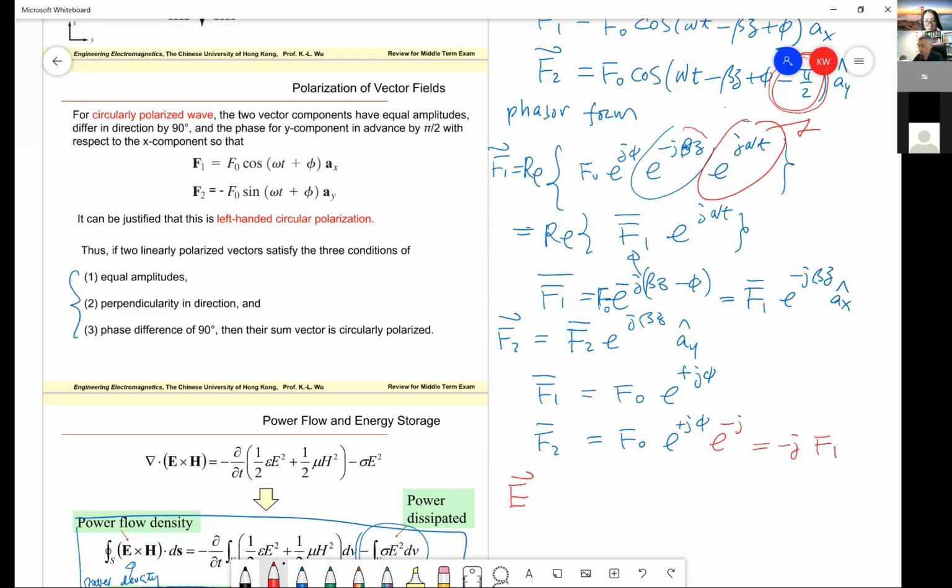So the total E field has two terms. One is F1, the phasor propagating in that direction and polarized in the x direction, and then minus j F1.